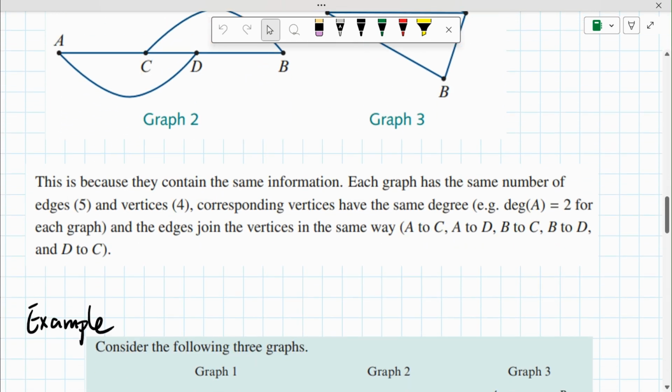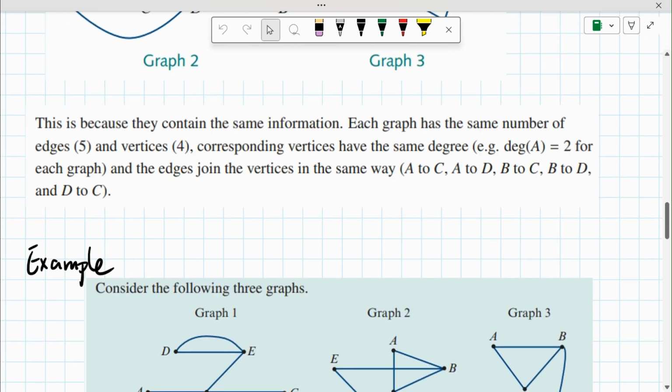Also, because they have the same number of edges, 5, and 4 vertices, and the corresponding vertices are the same, we can say graphs 2 and 3 look graphically equivalent.